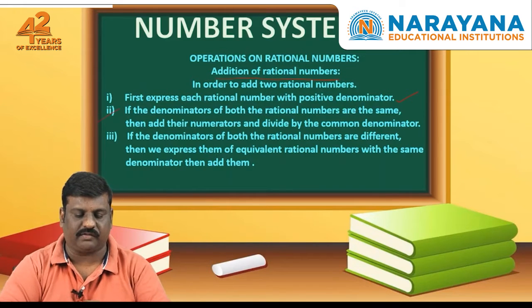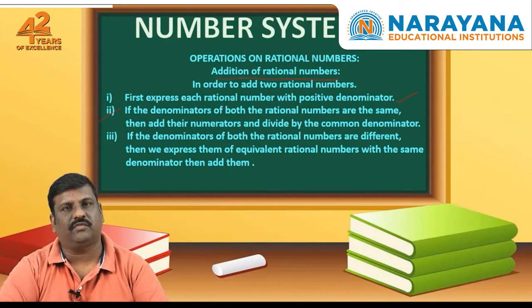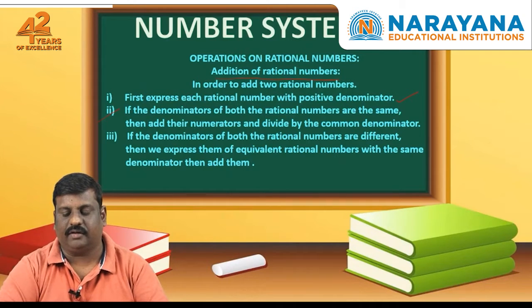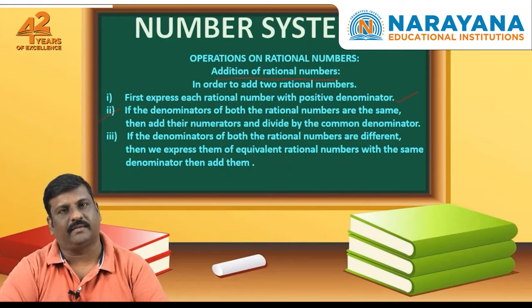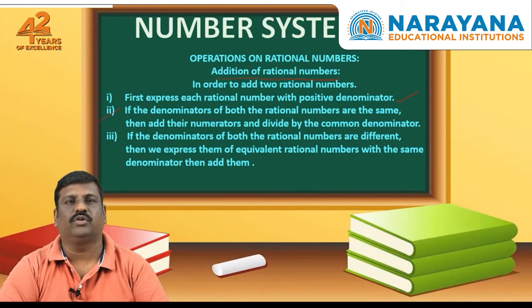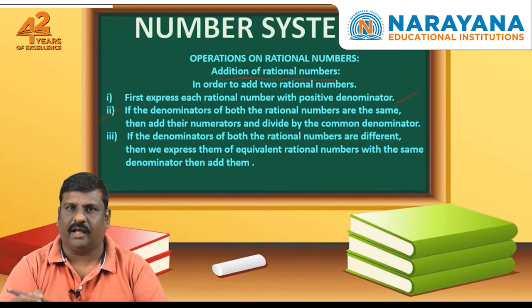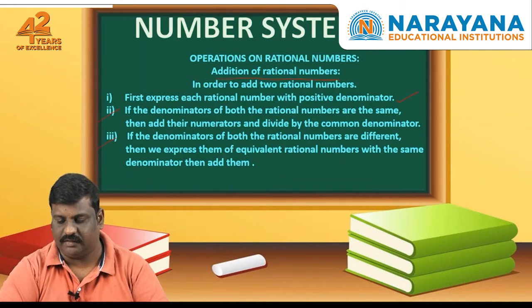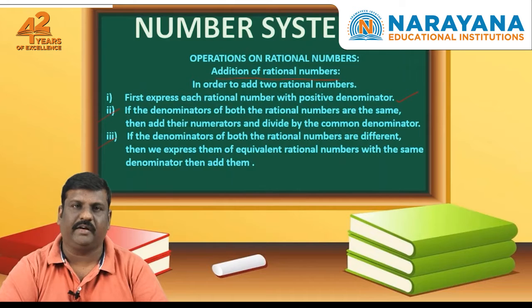Step number 2: if the denominators of both rational numbers are the same, then add their numerators and divide by the common denominator. It means if both are like fractions, you can directly take the sum of their numerators. Step number 3: if the denominators of both rational numbers are different, then we have to express equivalent rational numbers with the same denominator and add them.